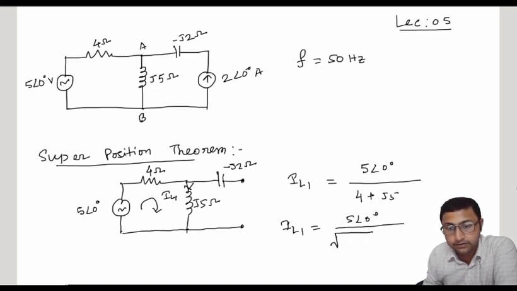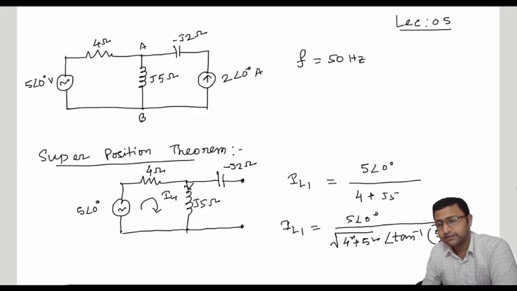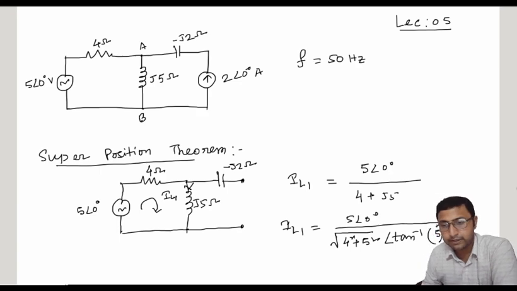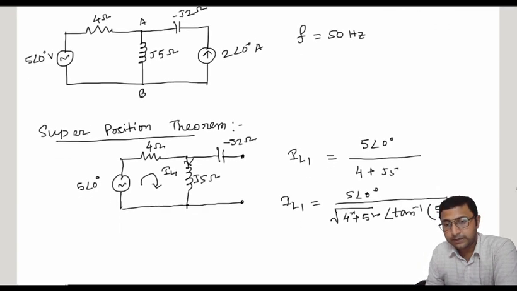So r is the square root of 4 squared plus 5 squared, and the angle will be tan inverse of 5 by 4. This is a simple thing, you have already known it in your engineering mathematics courses, so I will not go into the deep details.